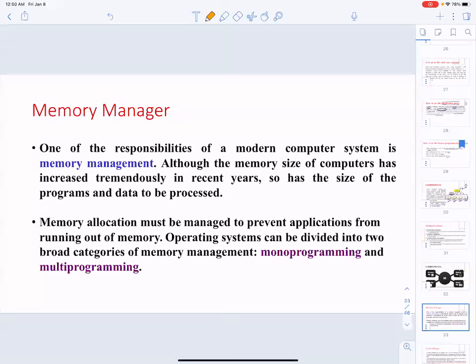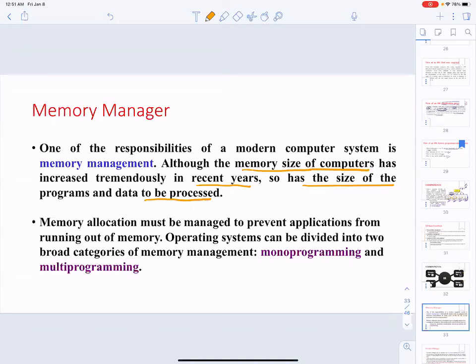Although the memory size of today's computers has increased on a very large scale, especially in the last few years, the programs or applications have also increased in size, and that means they need a lot of processing and efficient allocation in the memory.